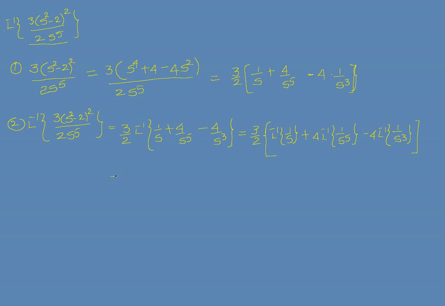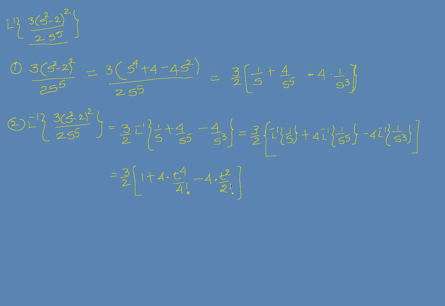So this is nothing but 3 by 2 into L inverse of 1 by s, which is 1, plus 4 into L inverse of 1 by s power 5, which is t power 4 by 4 factorial, minus 4 into L inverse of 1 by s cube, which is t square by 2 factorial.